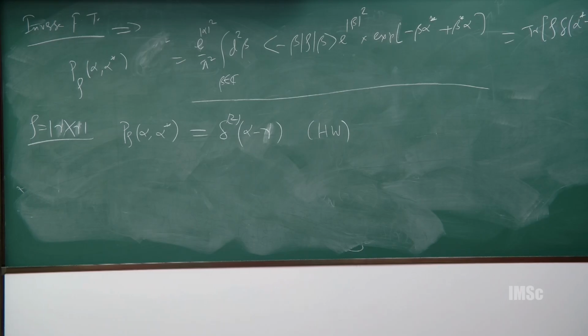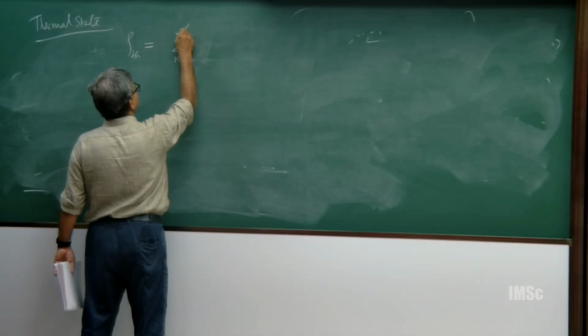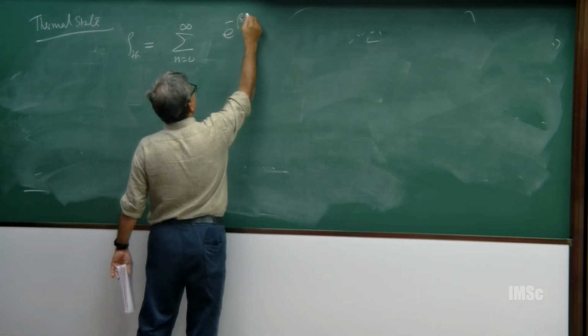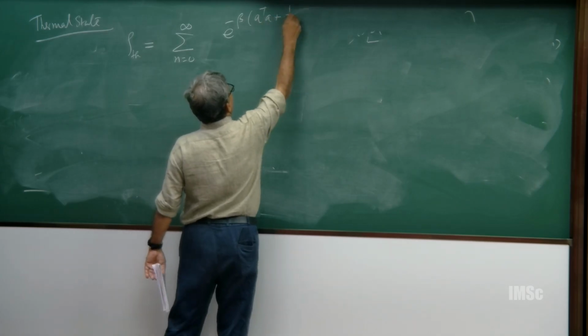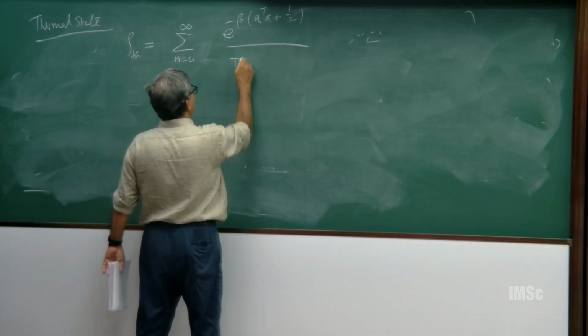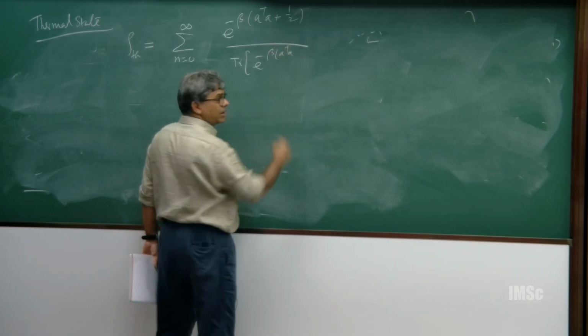So, let us take a thermal state. For a quantized radiation field, the thermal state is something like this: rho equals e to the power minus beta H, here a dagger a plus half, divided by the trace of e to the power minus beta a dagger a plus half.